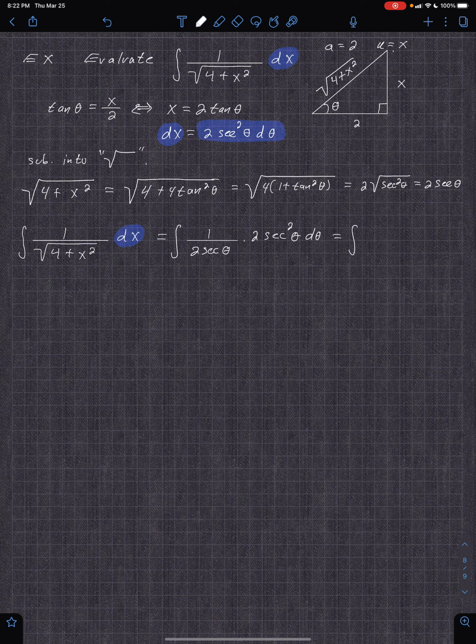Simplify, and you get secant theta d theta. And that's one you may want to look up. It's kind of messy. So that is equal to the natural log of the absolute value of secant theta plus tangent theta plus c.